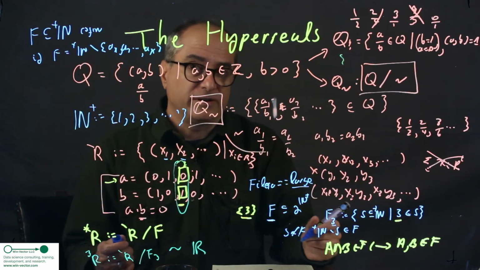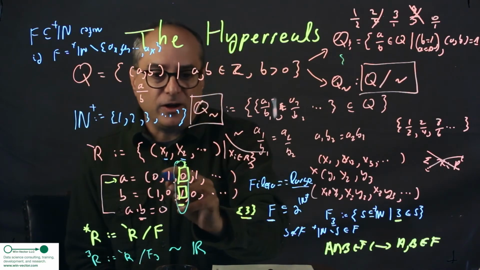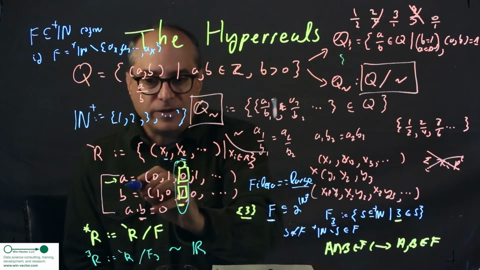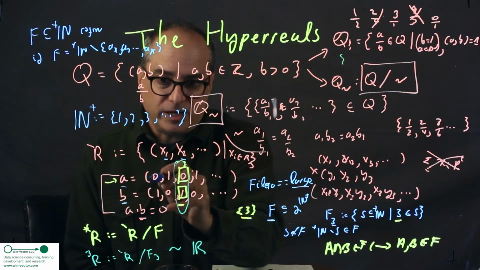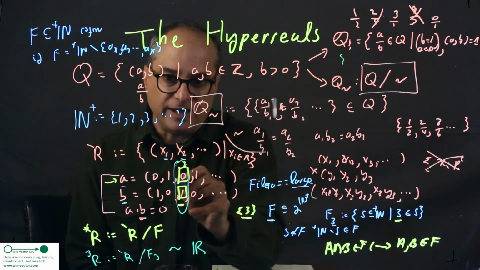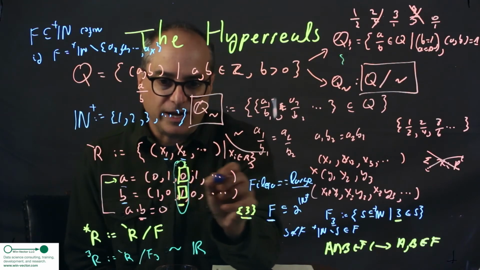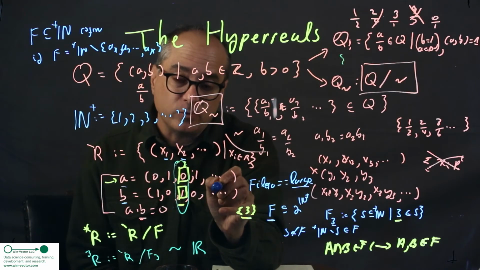That's not an ultrafilter. An ultrafilter would have to decide whether A or B is equivalent to 0, because you can think of this as an indicator function of a set. A is talking about the set where it has ones, B is talking about the set where it has ones.